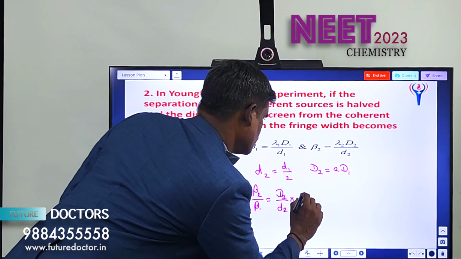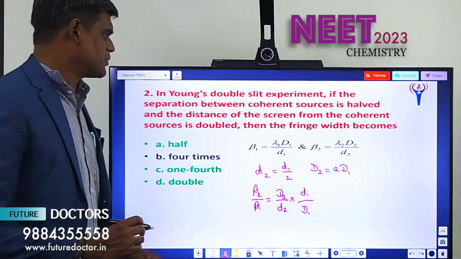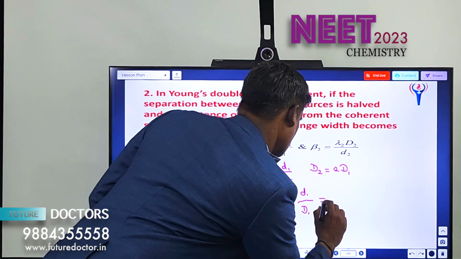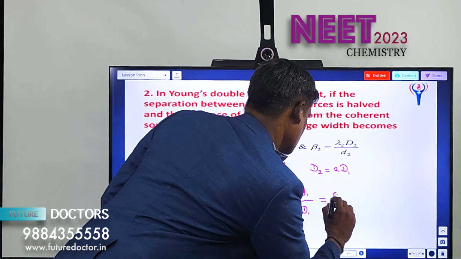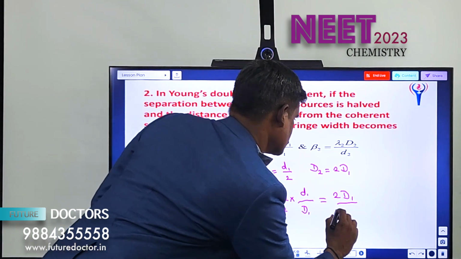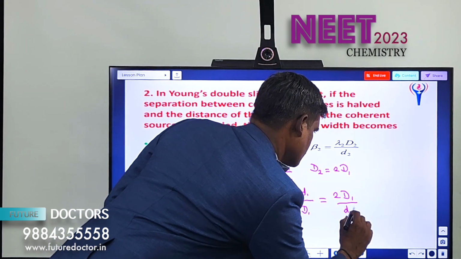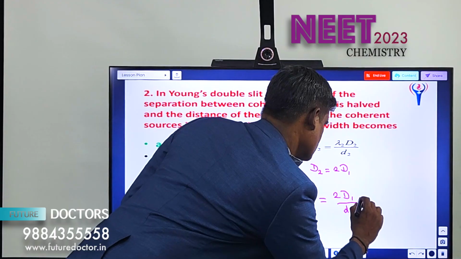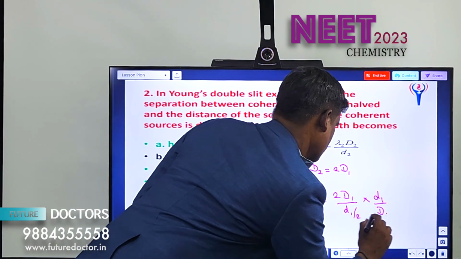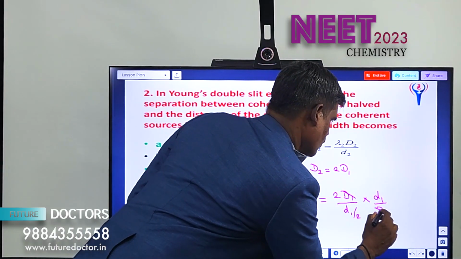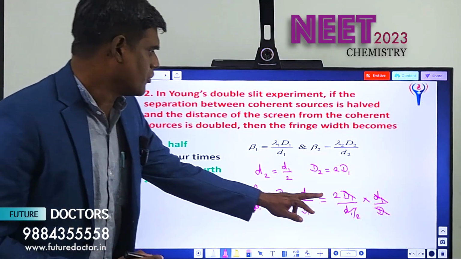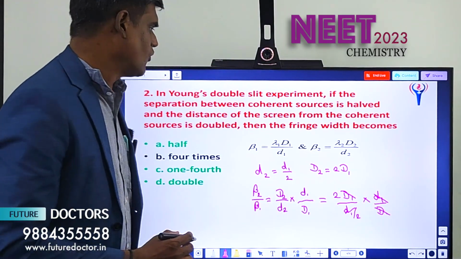Substitute capital D2 equal to 2 D1 and small d2 equal to d1 by 2. So 2 D1 divided by d1 by 2 into beta 1 by D1 by d1. This D1 and this d1 getting cancelled. 1 by 1 by 2 comes up 4.